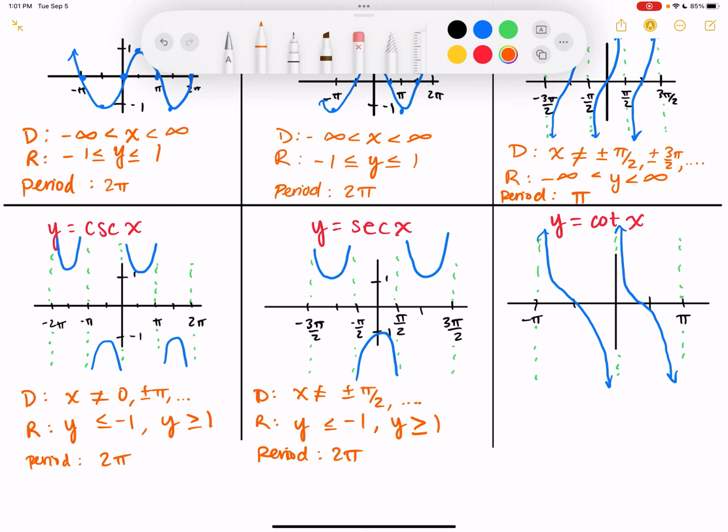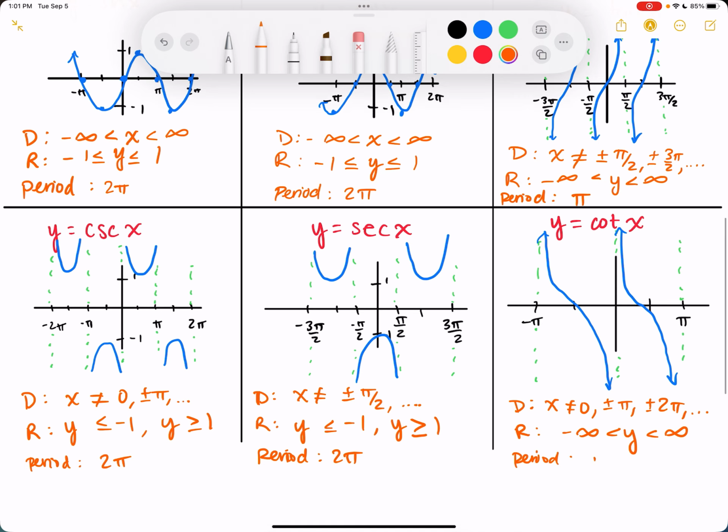And finally, for cotangent, the domain, x not equal to 0, plus or minus pi, plus or minus 2 pi, and so on and so forth. Range, -infinity less than y, less than infinity. And the period is 2 pi.